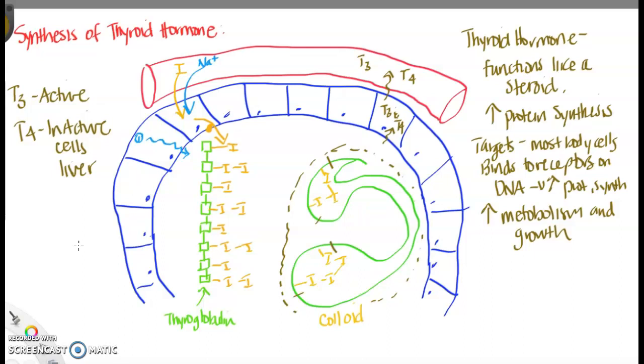It increases the absorption for iodine into the thyroid, into the follicles. It increases the rate that iodine enters. And it increases more follicle cells. So it makes us make more follicle cells.